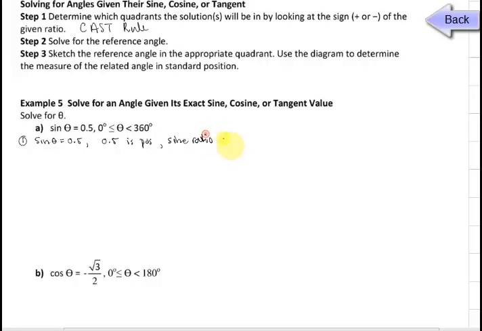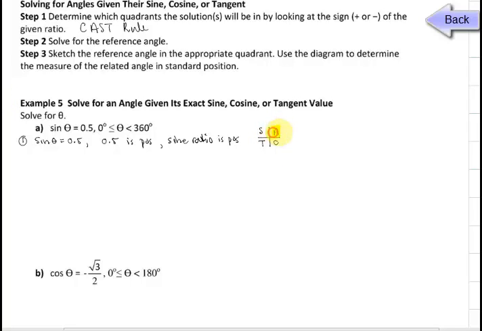sine ratio is positive. And if it's positive, we need to determine where between 0 and 360 sine can be positive, and that's where our CAST diagram comes in. Okay, so where is sine positive?